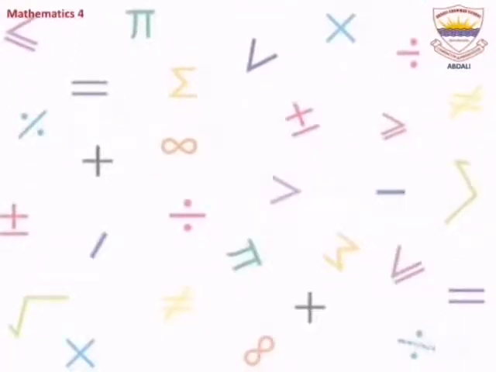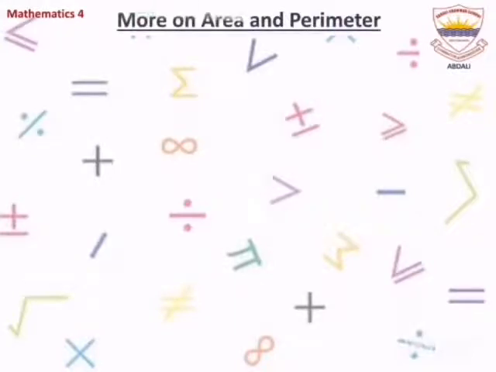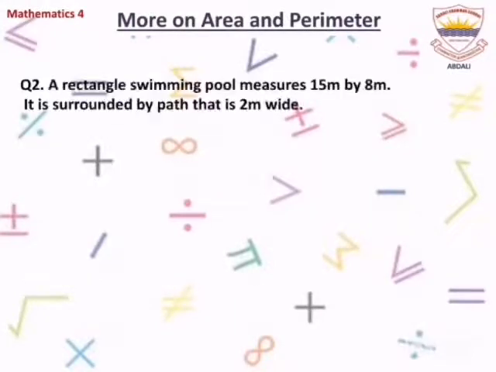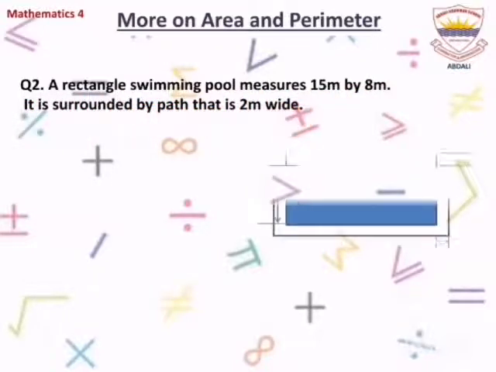Students, let's solve another question on area and perimeter. Question number 2. A rectangular swimming pool measures 15 meters by 8 meters. It is surrounded by a path that is 2 meters wide.